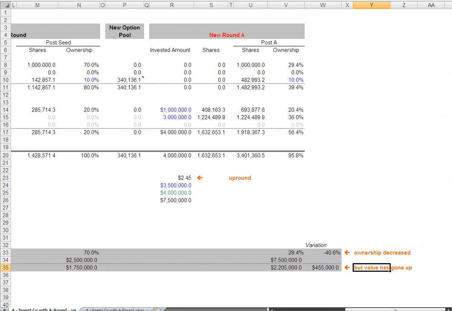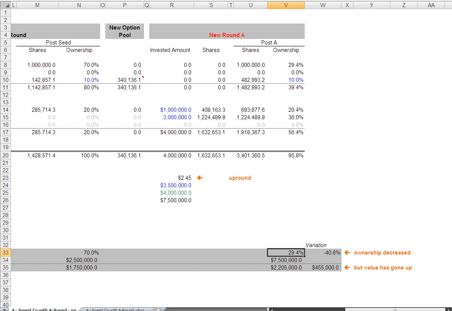Now, after the Series A, the founders own only 29%, which is a 41% decrease in ownership. But the post-money valuation after the Series A is $7.5 million. And their 29% of that $7.5 million is worth $2.2 million. So the actual value that's gone up is about $450,000, even though there was a drastic reduction in ownership.